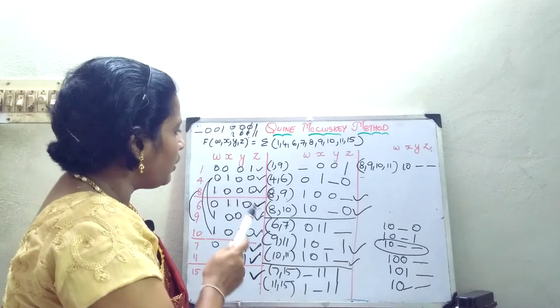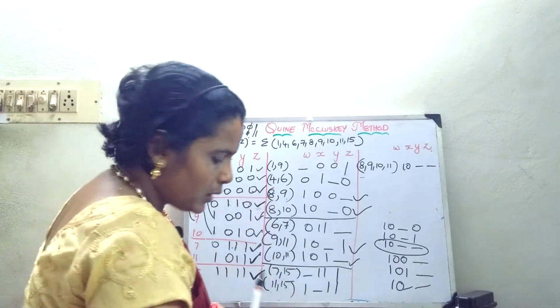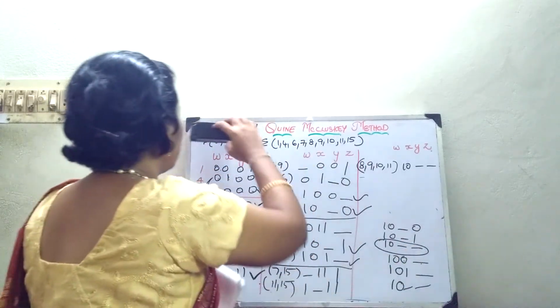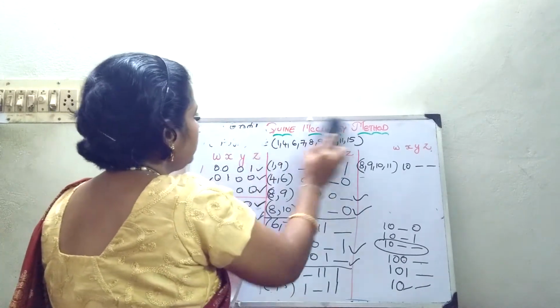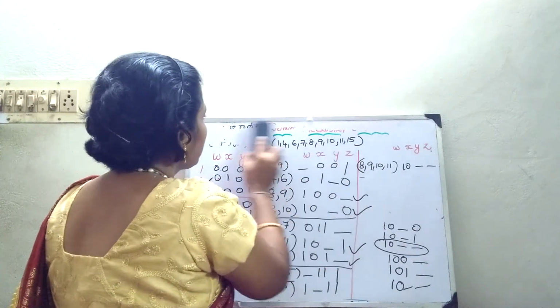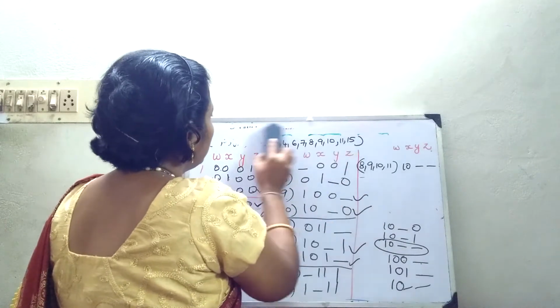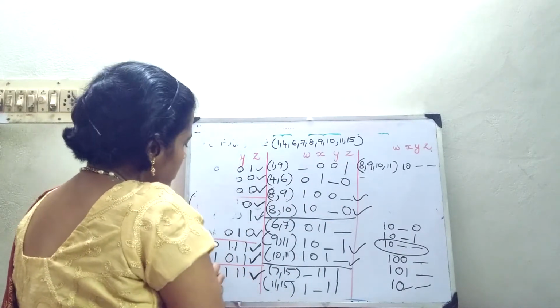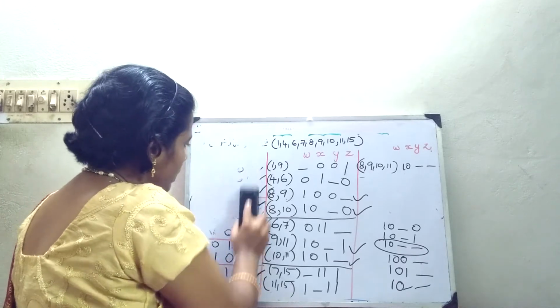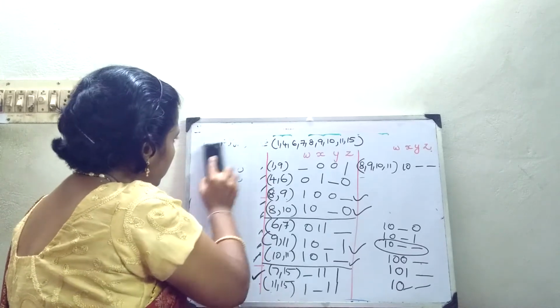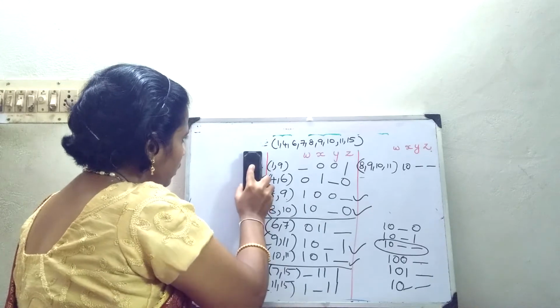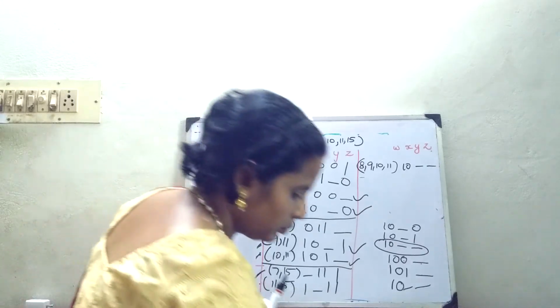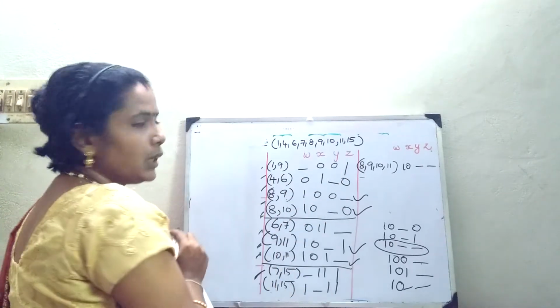Now, whatever the terms which are unticked, that is going to be your answer. Oh, here in this, sorry, in this table all the terms are ticked, so I am just erasing it. Okay, so what are the terms?